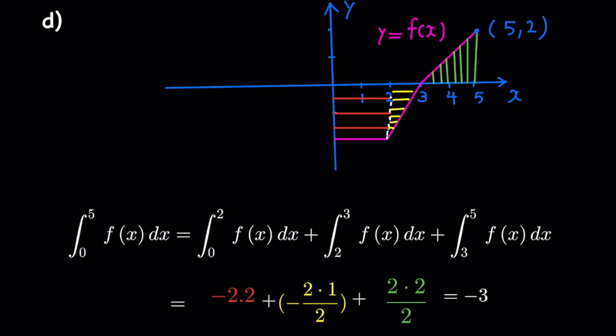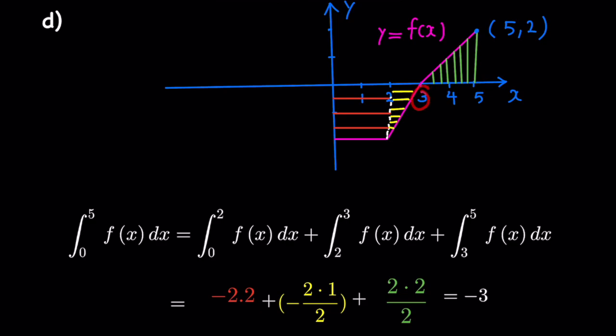So the definite integral between 0 and 2 is going to be minus 4. Then the definite integral between 2 and 3 is going to be the area of this yellow region. This side is 1, this side is 2. So you get 2 times 1 divided by 2, but you need to put this minus sign because the area is under the x-axis.